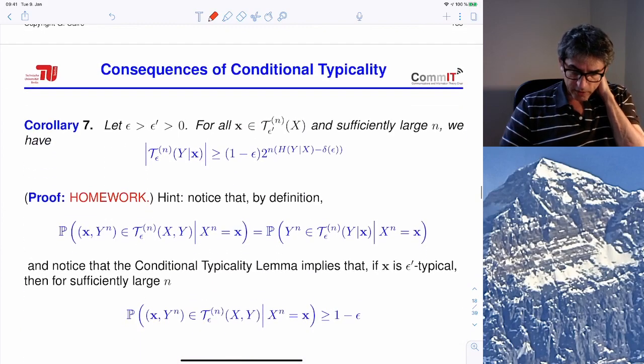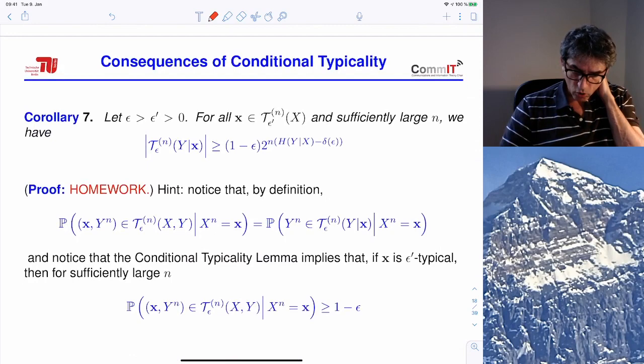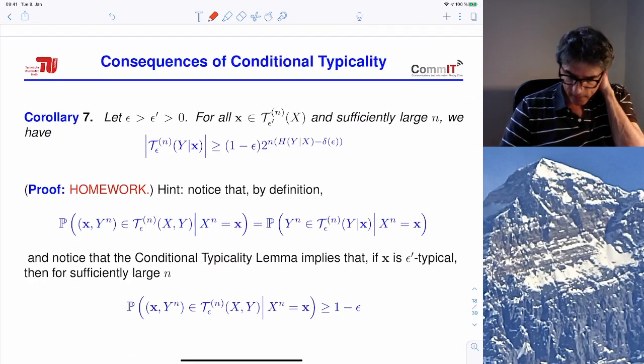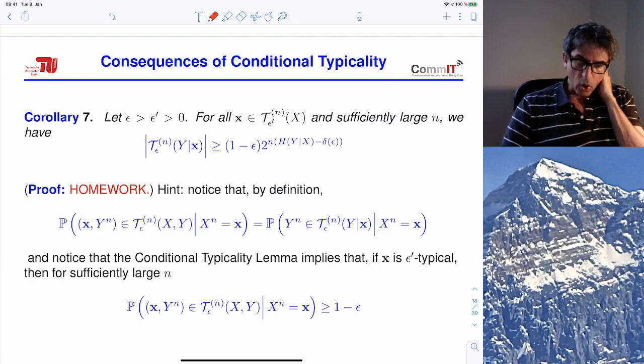What is the consequence? A consequence of this conditional typicality lemma is that we can also provide a lower bound on the size of the conditionally typical set.